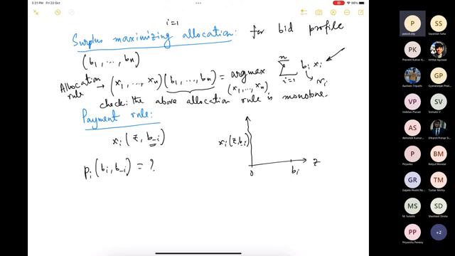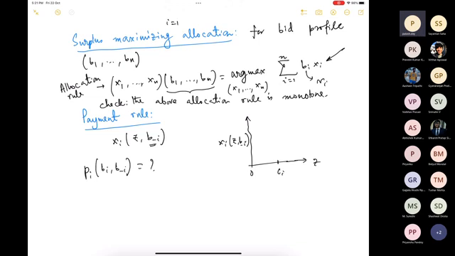Now, if you keep increasing z till a certain value, there will be a certain point. Let's write ci, which is a function of b minus i, the other bids, beyond which this item i will be picked.